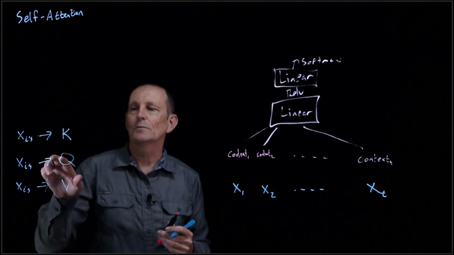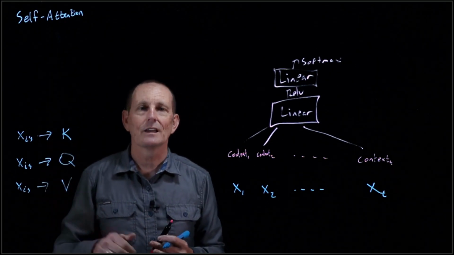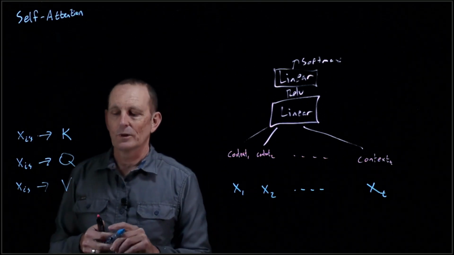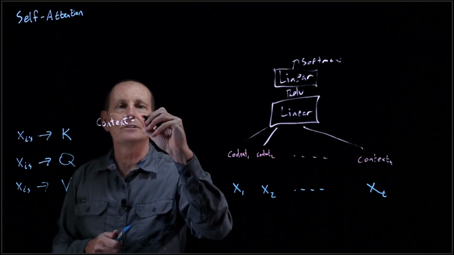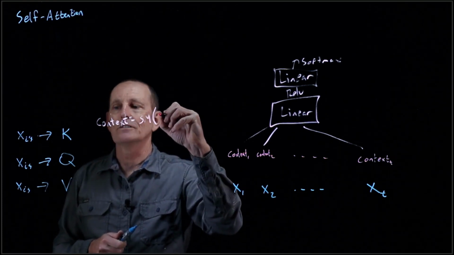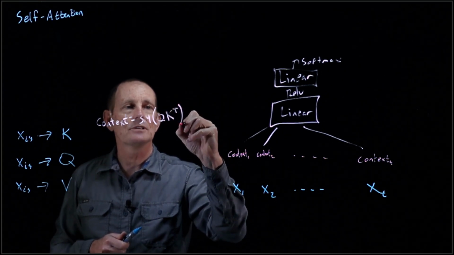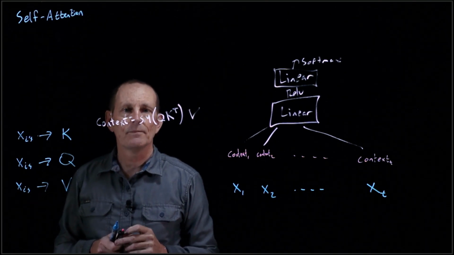Each three of these is going to be going through these weight matrices for keys, for queries, and for values. And then we're going to generate the contexts with, again, doing our softmax of our query times key transpose, and then we're going to multiply by our value. And that'll get us all our contexts.